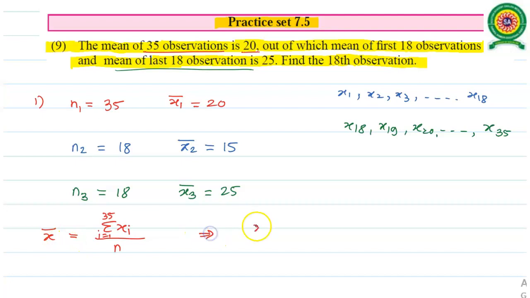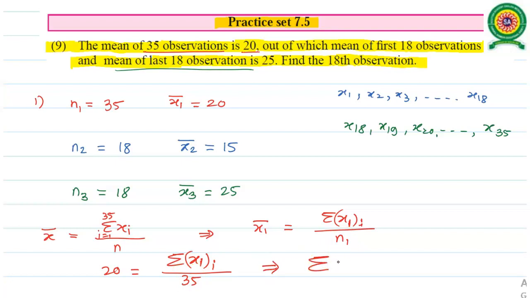So I write x1 bar equals the sum of x1i divided by n1. The x1 bar value is given as 20, and the sum of x1i is what we have to evaluate, divided by n1, which is 35. After shifting, 35 into 20, 35 twos are 70, so we get 700.